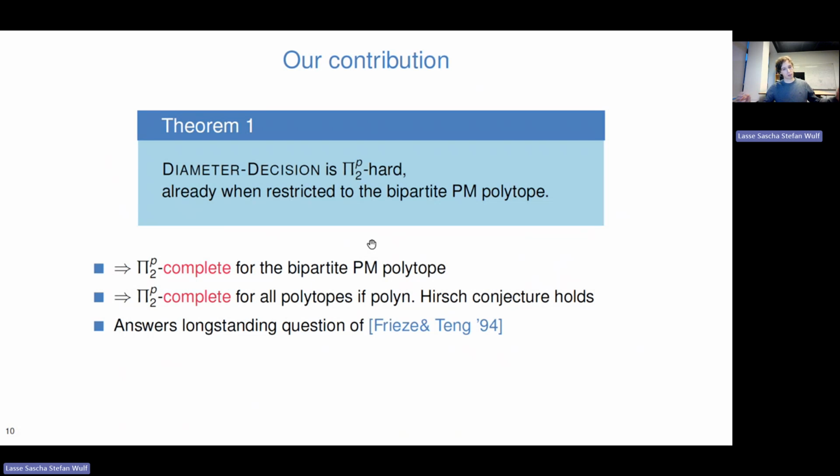So for this family of polytopes that I will mainly talk about today, this result is really tight, and I suspect that this result is tight in general, but we would need to know the polynomial Hirsch conjecture to really know the tightness for the general class of all polytopes, but I don't want to go into too much technical details. And this is our main result and answers the long-standing question by Friese and Teng raised in 1994.